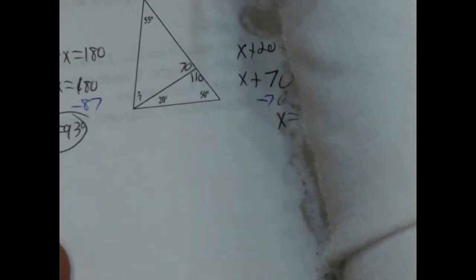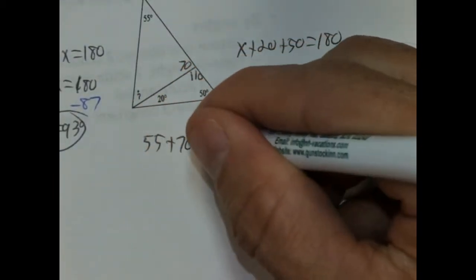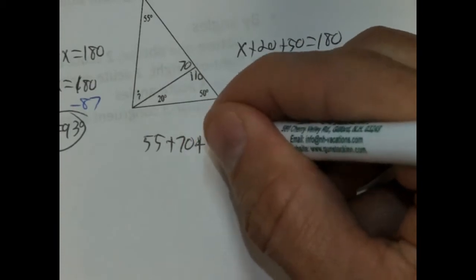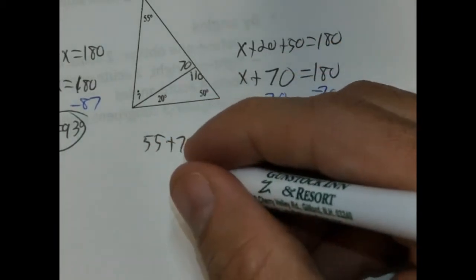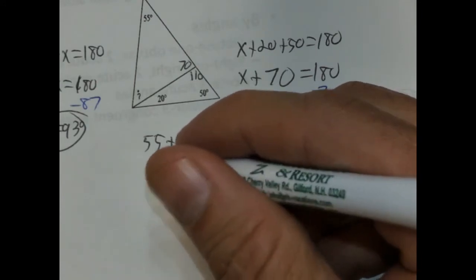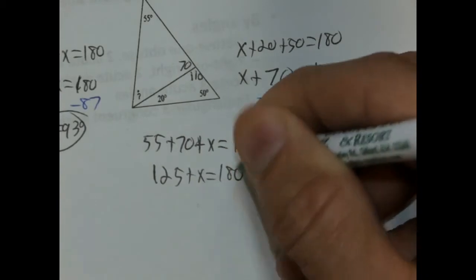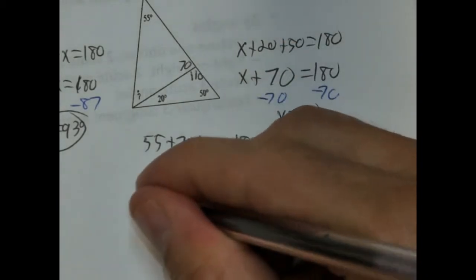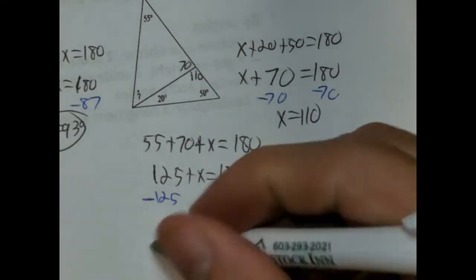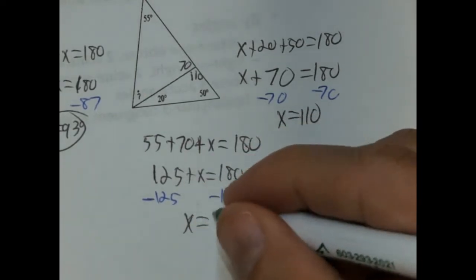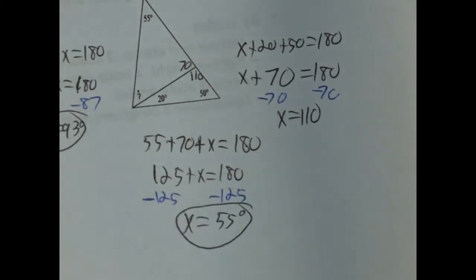So we're going to say 55 plus 70 plus, this is going to be our x now, plus x equals 180. 55 plus 70, I think that's 125. Yeah, 125. Plus x equals 180. Subtract 125 from both sides. And that should be, let's see, 55, I think. Yeah, 55 degrees. Okay, that's it.